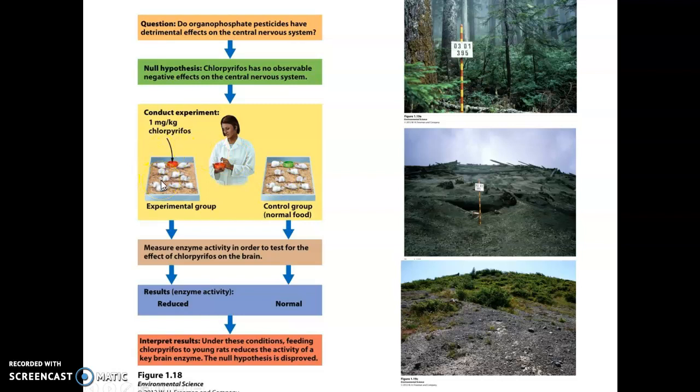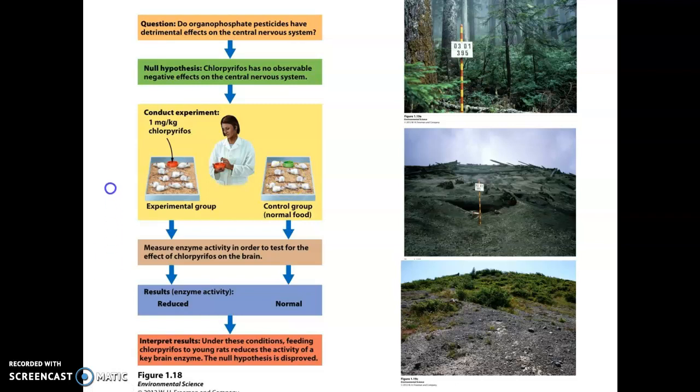You need to do the same with the experimental group. The only difference should be the experimental variable, which in this case is adding a specific amount of a pesticide, chlorpyrifos, to the experimental group, and it's not given to the control group.